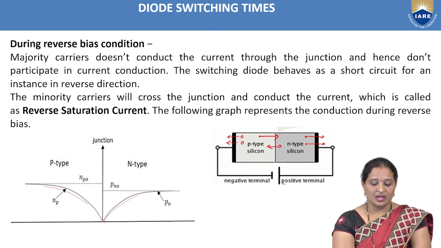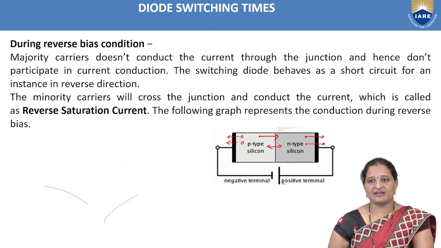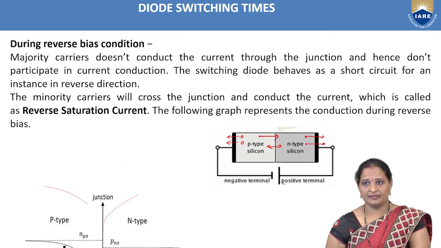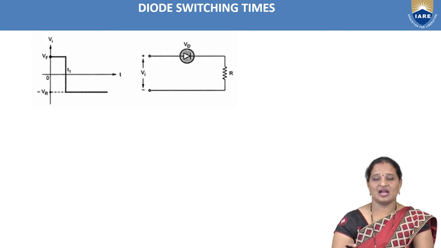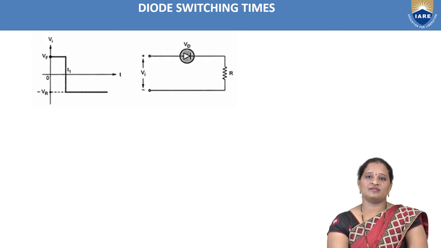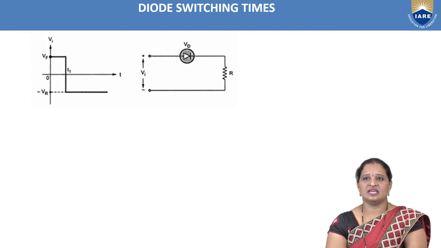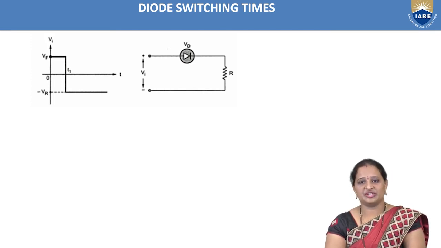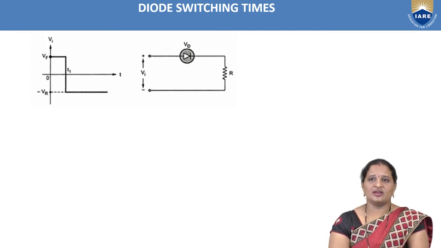So as we have seen the carrier concentration under forward bias, under equilibrium condition and reverse bias condition, now let us see what we mean by diode switching times.